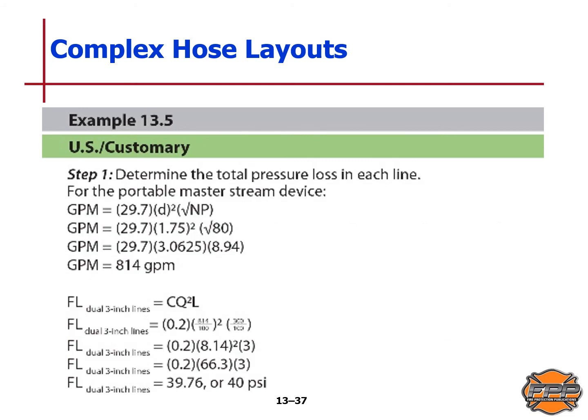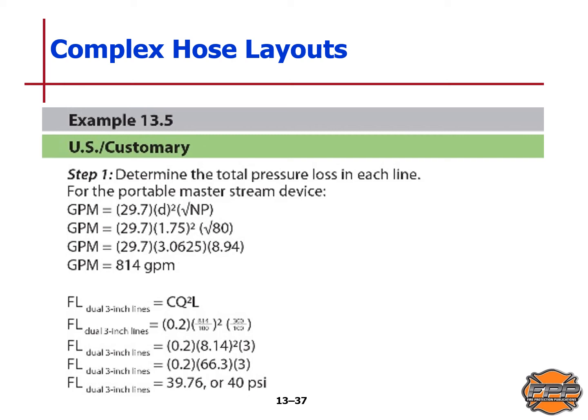Now let's look at step 1. Determine the total pressure loss in each line for the portable master stream device. Our formula is gallons per minute equals 29.7, which is our coefficient from your chart that you should be familiar with by now, times the diameter squared times the square root of nozzle pressure. You should also be familiar with this equation by now.